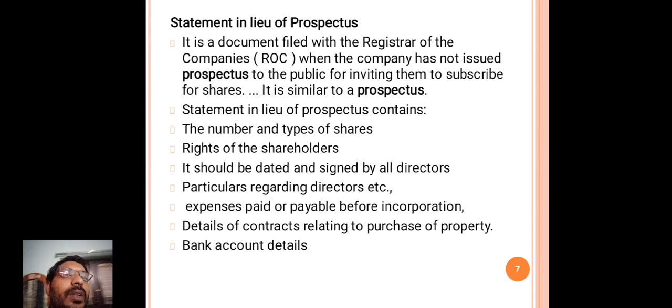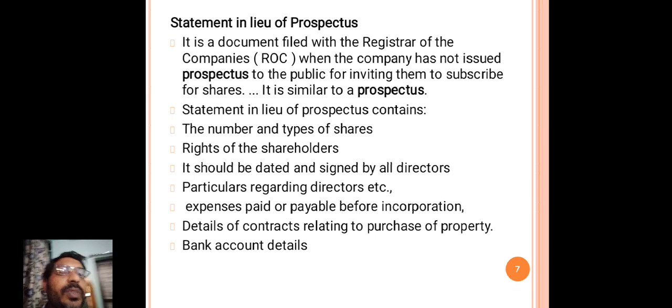The statement in lieu of prospectus is similar to a prospectus. It contains almost the same details which are available in the prospectus. The headings which need to be mentioned in the prospectus are also the same in the statement in lieu of prospectus.